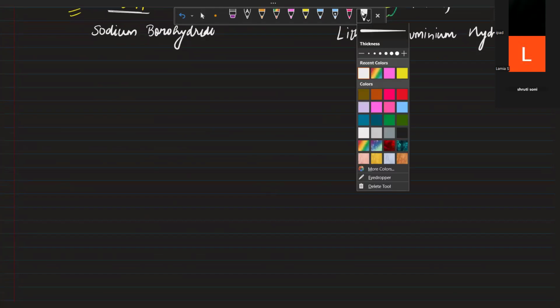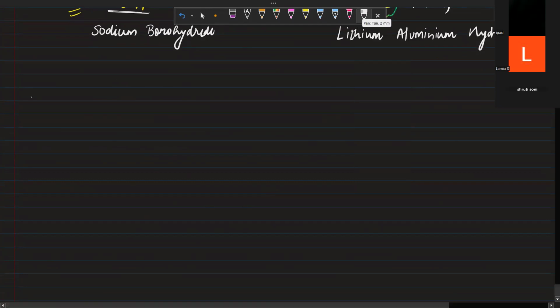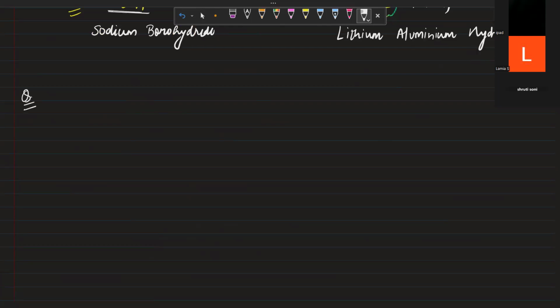The first question: I'm giving you some statements, some reactions. You need to prepare the product and give the IUPAC name of the product. So you can start with the question. E. Catalytic reduction of butanol.